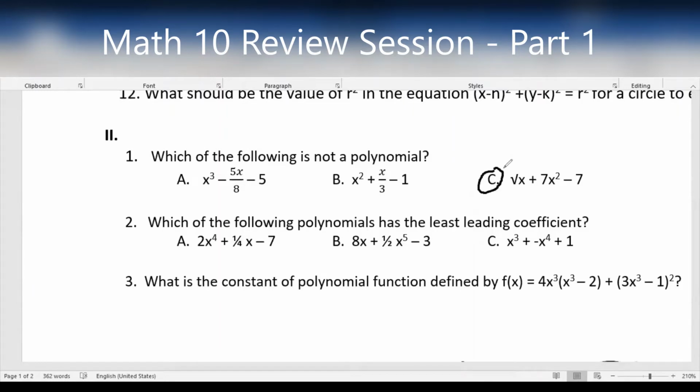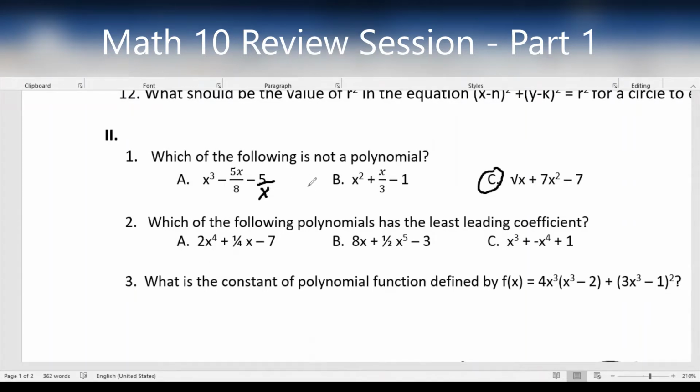Another tip or clue is when you see a variable in the denominator. Let's say if I put x here, 5 over x, then this will not become a polynomial. So as long as you see x in the denominator, then it's not a polynomial.